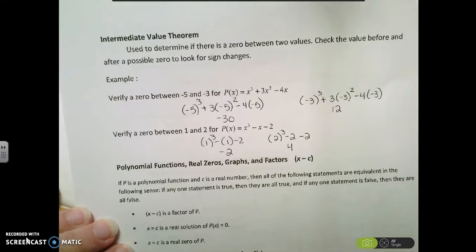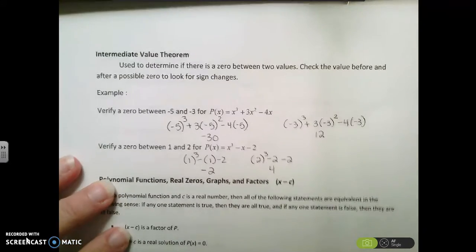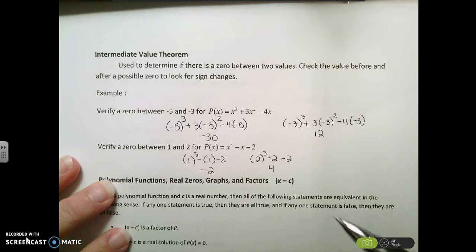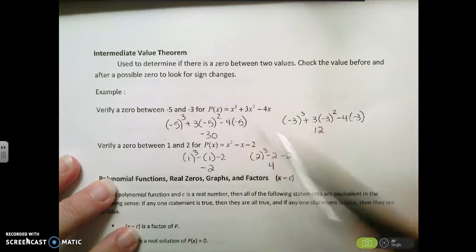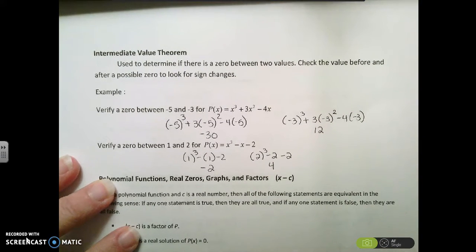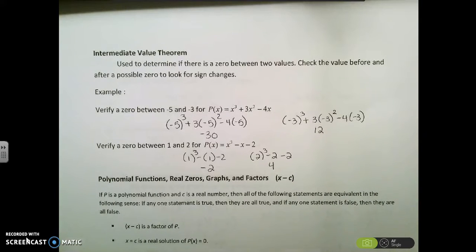So another technique that we'll use, and this one isn't quite as useful as some of the others, but this is what they call an intermediate value theorem. And what we're trying to do is verify if there's a 0 between 2 points.